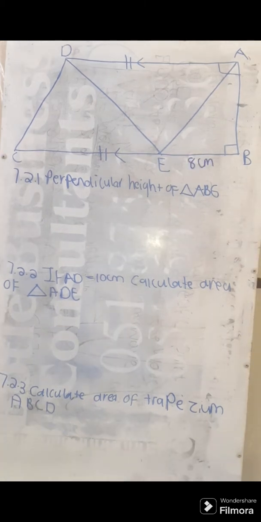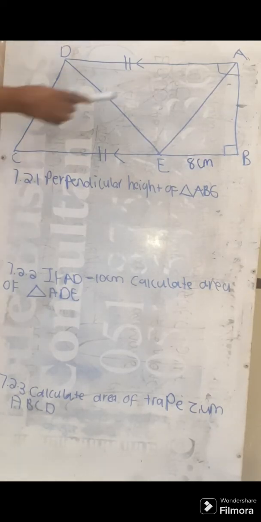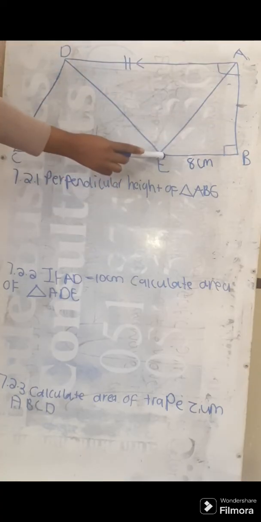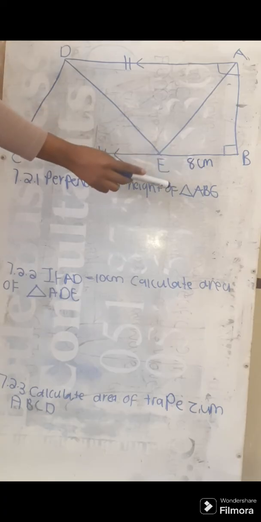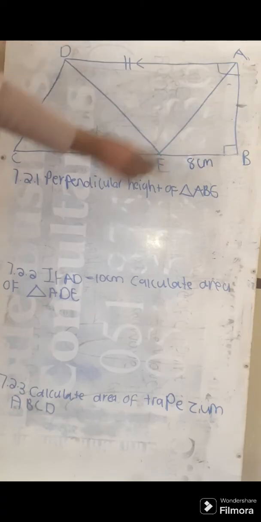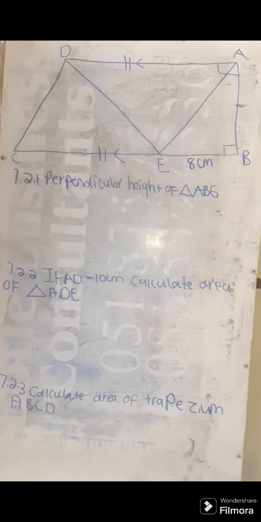All right, so we are asked to calculate the perpendicular height of triangle ABE. So EB is 8 centimeters, and then that perpendicular height is this one. This is perpendicular, right? So this is the height that we are asked to calculate, which is the length, and this is the breadth.